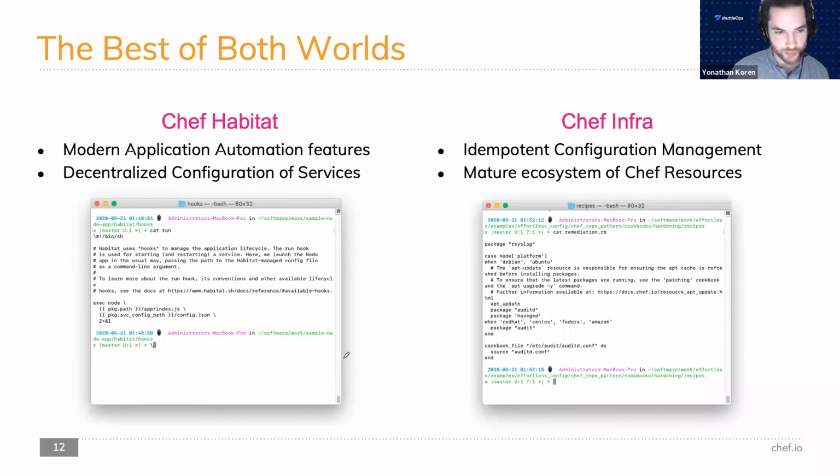And this just reiterates that Chef Habitat has those modern application automation features that are especially useful for modern service-oriented architecture. You can see here a run hook with templating, and Chef Infra is an absolutely rich ecosystem for Chef resources that will help you tackle any configuration management problem you need to solve.